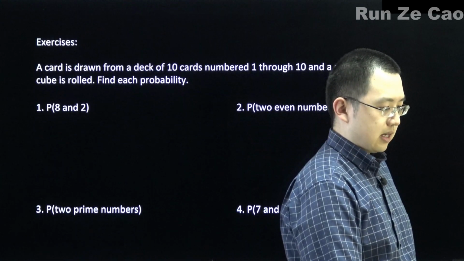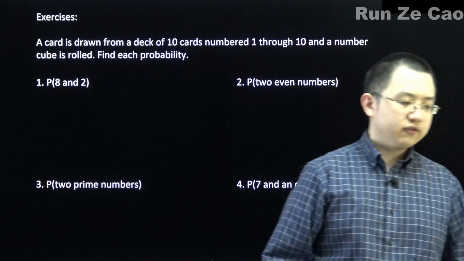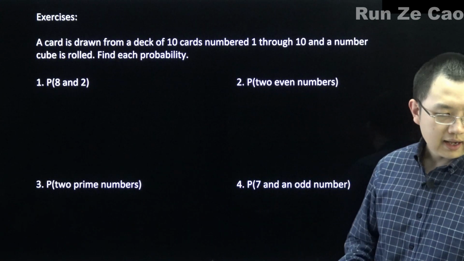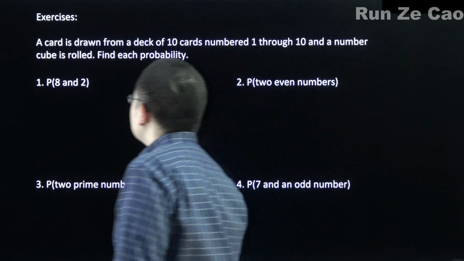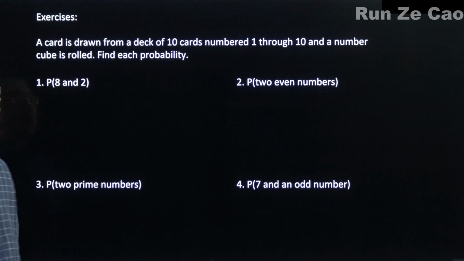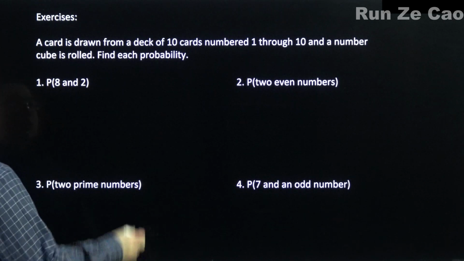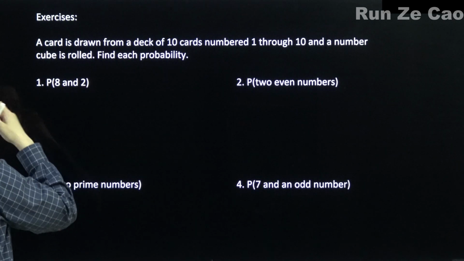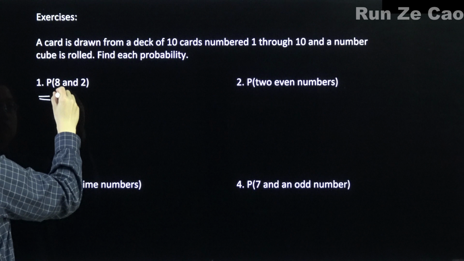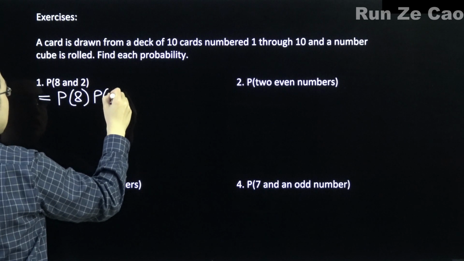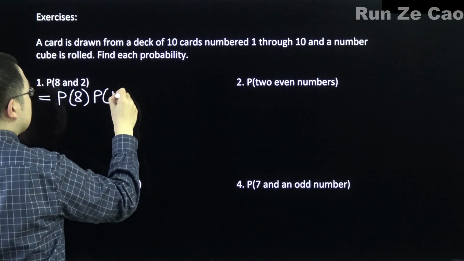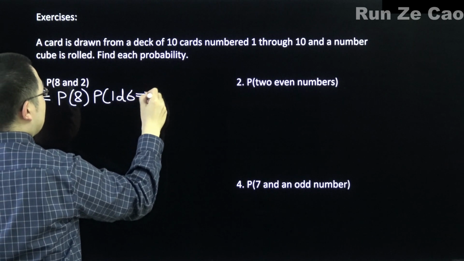Let's do some exercises. A card is drawn from a deck of 10 cards numbered 1 through 10, and a number cube is rolled. Find each probability. So the probability that you draw an 8 on the card and roll 2 is equal to P(8) times P(1d6 equals 2).